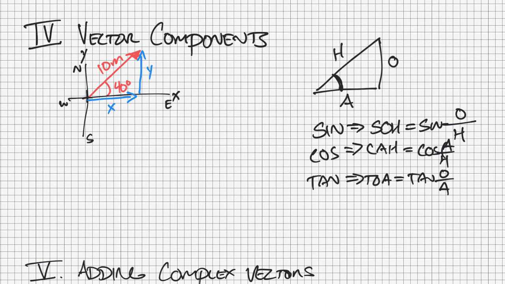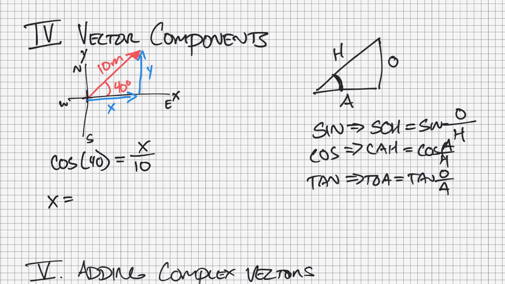To find the X component here, that's my adjacent side to this angle, and my 10 meters is my hypotenuse. Adjacent and hypotenuse means cosine. So the cosine of 40 degrees equals X over 10.